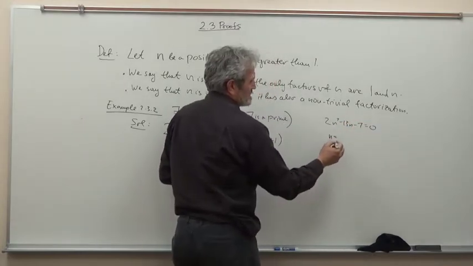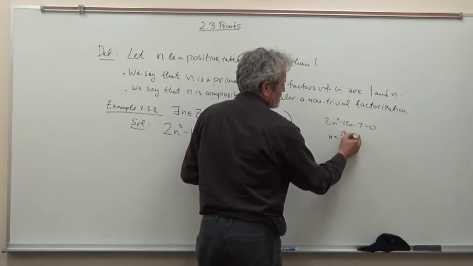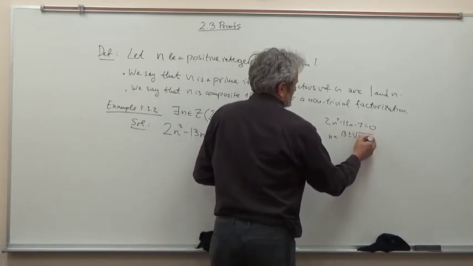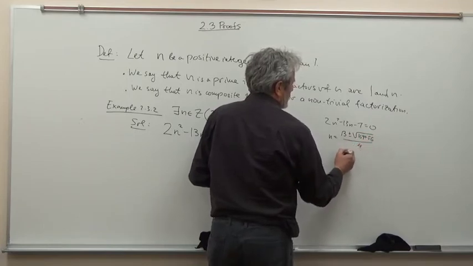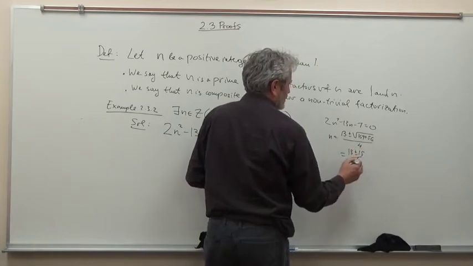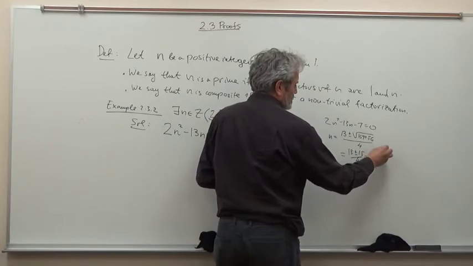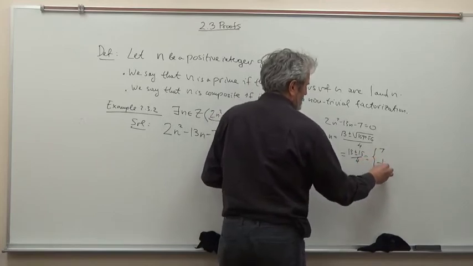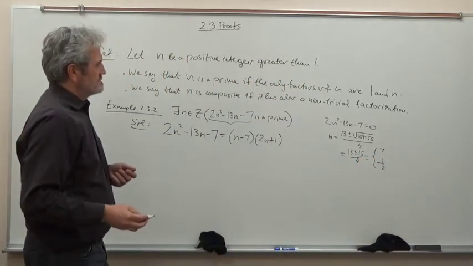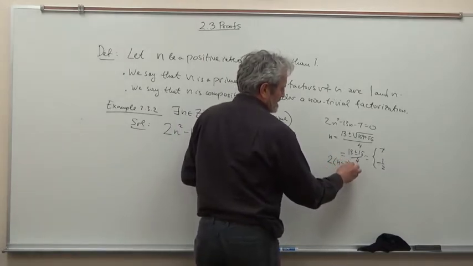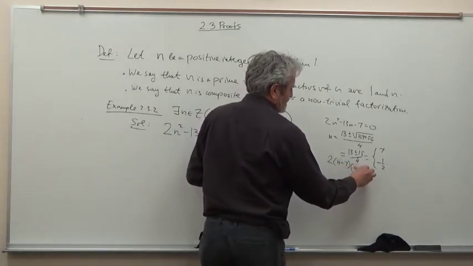If you solve the quadratic equation, you get 13 plus or minus the square root of 169 plus 56, over 4, which will be 13 plus or minus 15 over 4, which would be 28 over 4, which is 7, or negative 1/2. And then this factors out as 2 times n minus 7 times n plus 1/2.